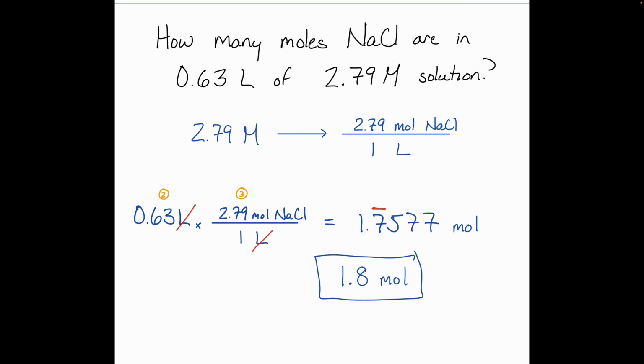And again, the key here is we're given this concentration in our problem, 2.79 molar. We need to be able to take that and turn it into something that we can use in our math by splitting up those units, right? That big M is moles per liter. We want to split them up into moles over liters.